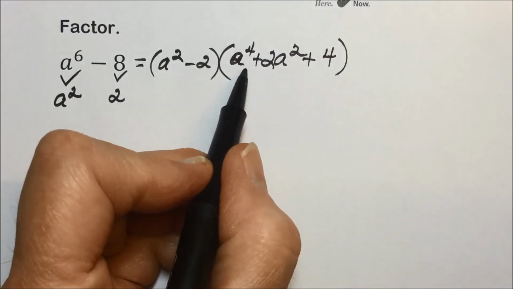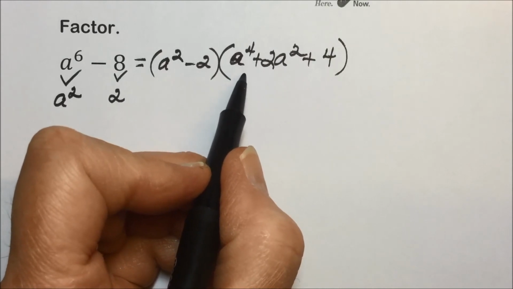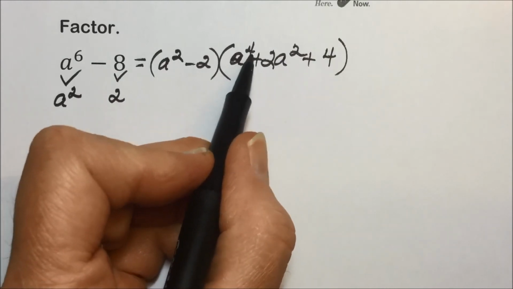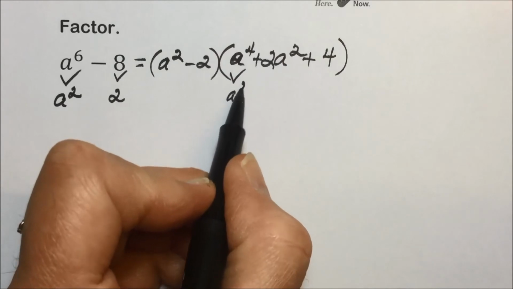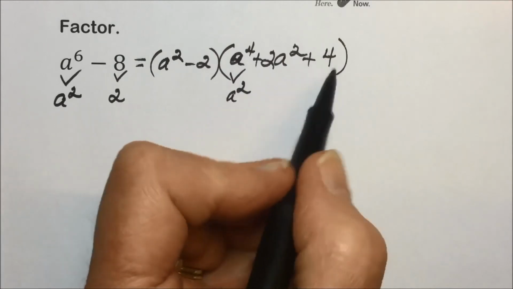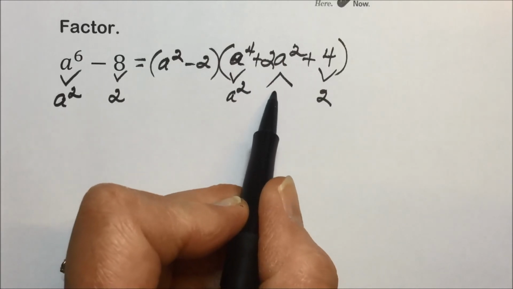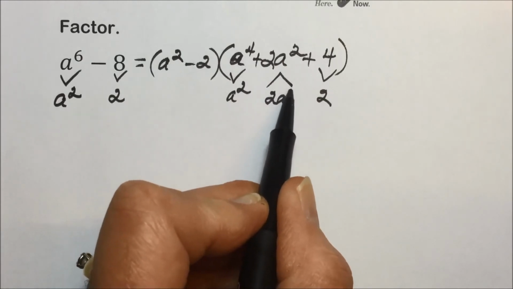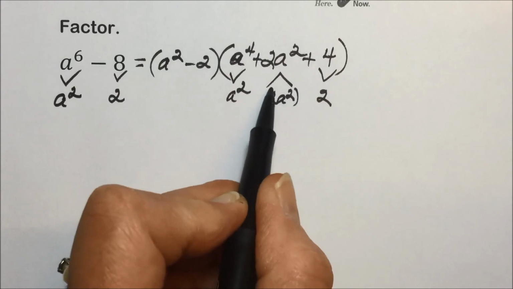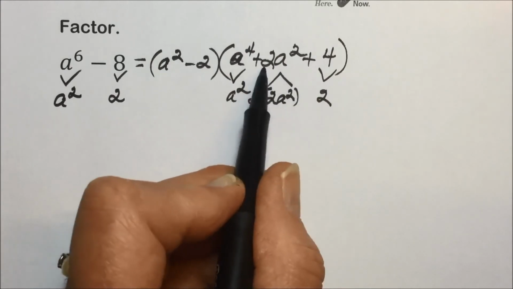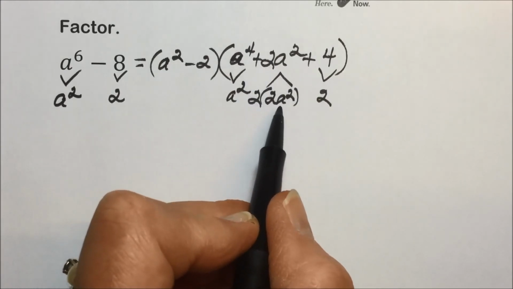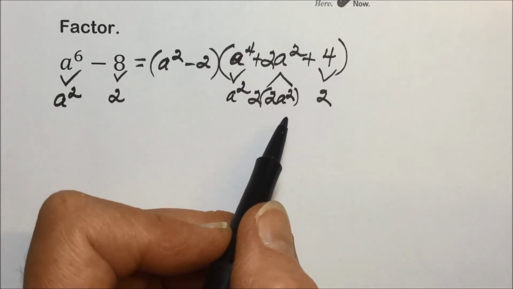And if we look, is this a perfect square trinomial? The first term is a perfect square, that's a to the second. Is the last term a perfect square? It is. If we multiply the two together, we have that, but we have to double that, which makes this a 4a to the second.